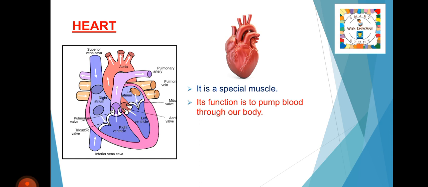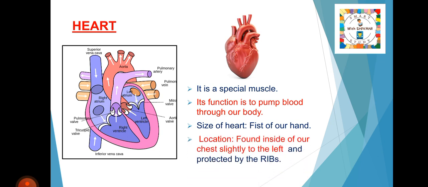Its function is to pump blood through our body. It works non-stop, that is 24/7, no holidays for the heart. The size of the heart is the fist of our hand. Location: it is located inside our chest, slightly to the left, and it is protected by the rib cage or the ribs.